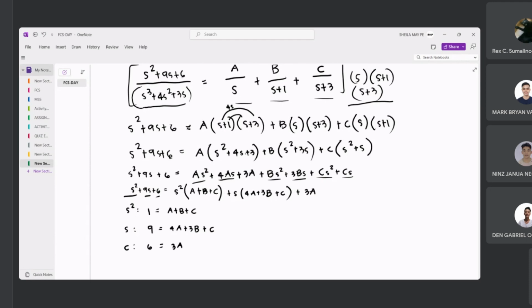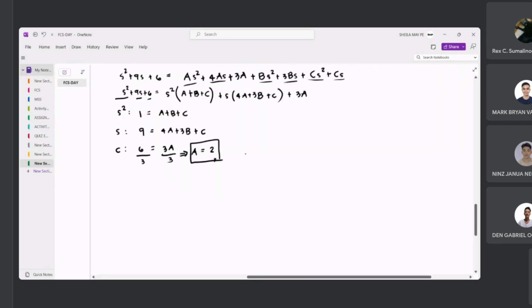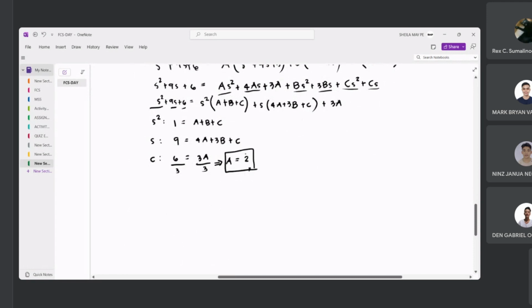Okay, now looking at the three equations, ang first nga simple i-manipulate is si A. So given 6 equals 3A, you just need to divide both sides by 3. Then you can have A equals 2. Okay, since we have A equals 2 already, guys, then we need to manipulate another equation.